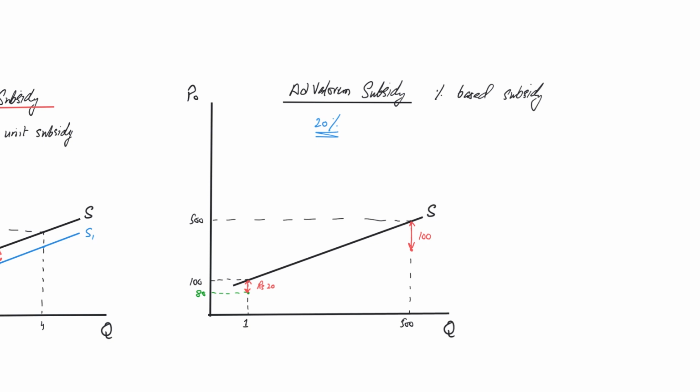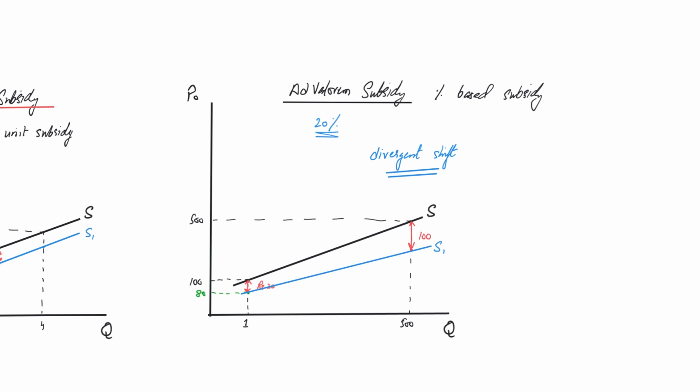Since the price is so high, you are getting 100 rupees, whereas over here the prices are so low, just 20 rupees, that this vertical distance is representing that. And when I make the supply curve, I see a very divergent shift, and that's what ad valorem does. It creates a divergent shift in the supply curve. That's the difference between specific and ad valorem.